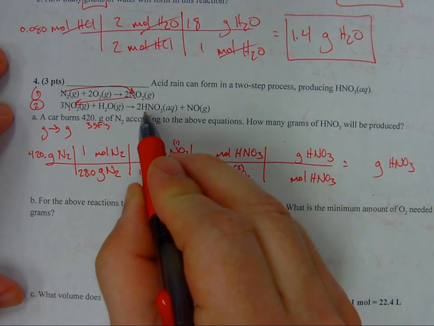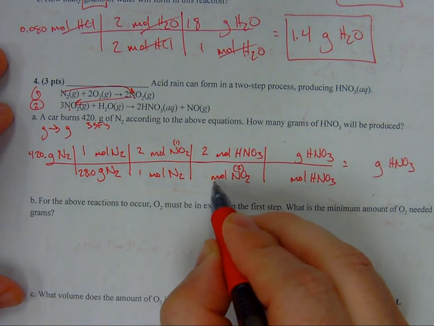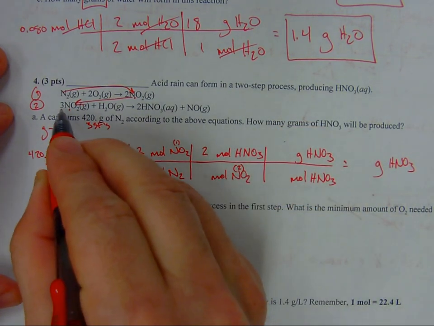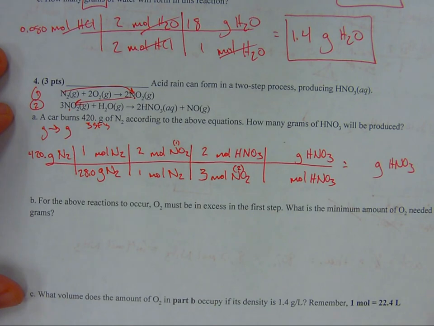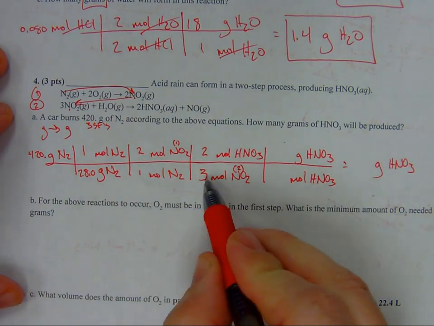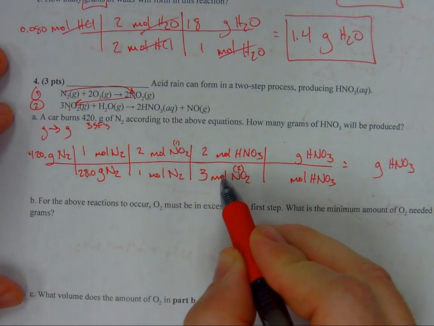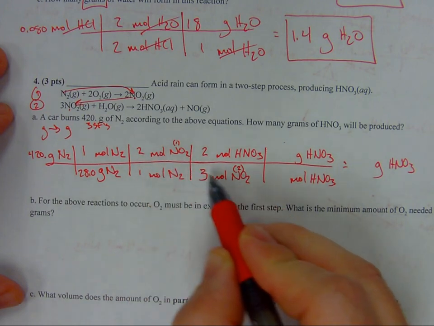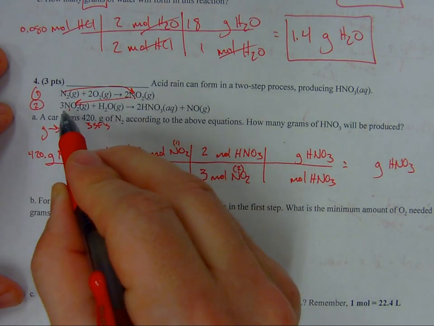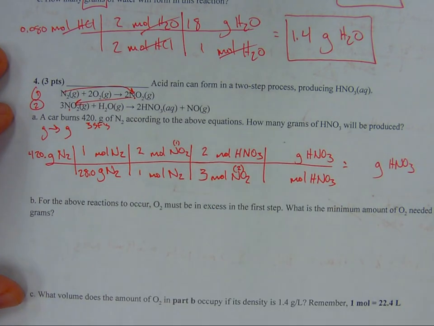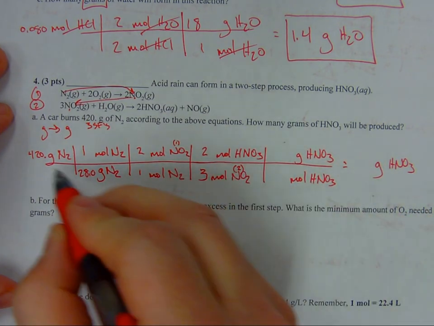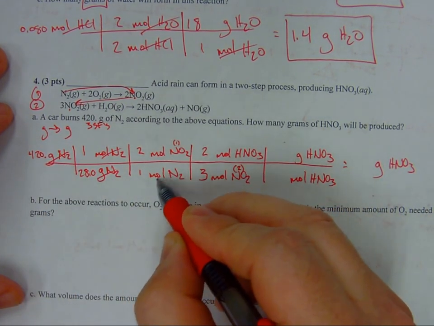Then we have moles of HNO3 to moles of NO2 in the second equation. Okay. Again, here's that 2 to 3 ratio right there. See how we've actually worked in a 2 divided by 3, a 2 to 3 ratio that this connection also requires of the equations. But now, notice all my units canceling.